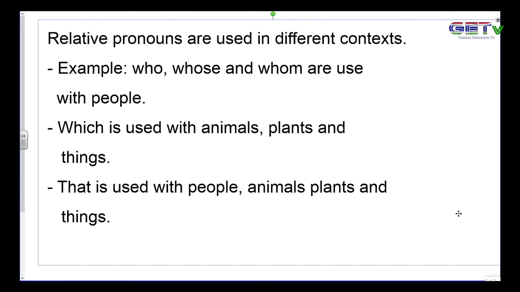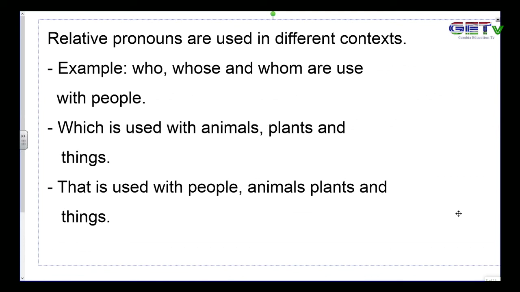Let me emphasize that again. Relative pronouns are used in different contexts. Who, whose, whom are used with what? People. Which is used with animals, plants, and things.